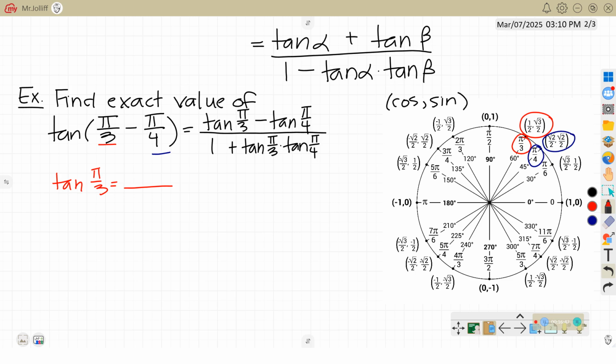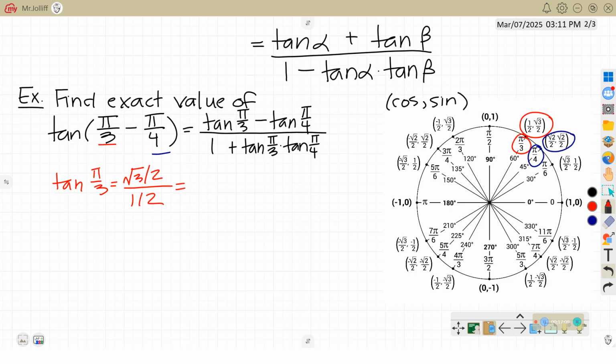What is the y coordinate at pi over 3? Perfect. Square root of 3 over 2. X coordinate at pi over 3 is 1/2. I happen to notice there's a half on top and a half on bottom. I know those halves are going to cancel. If fractions scare you, rewrite this using the reciprocal rule.